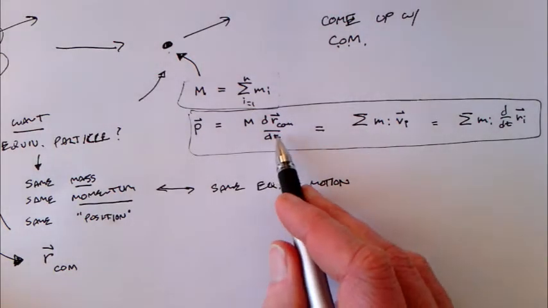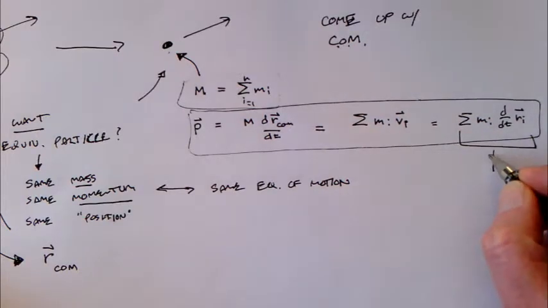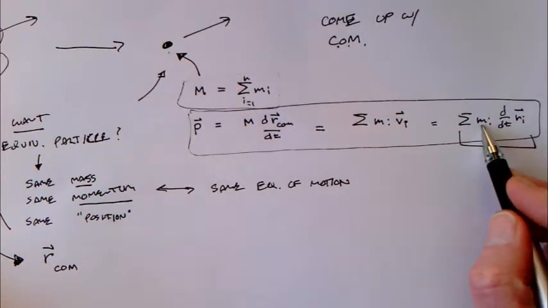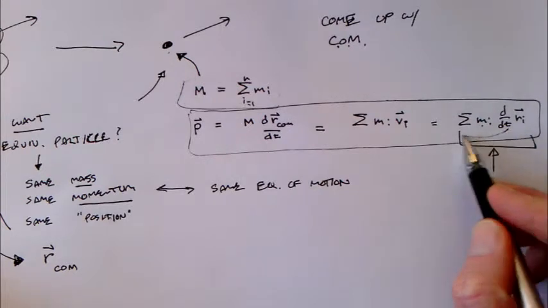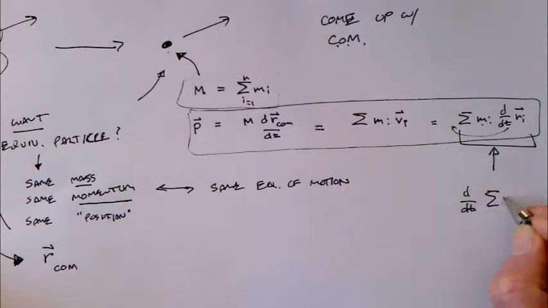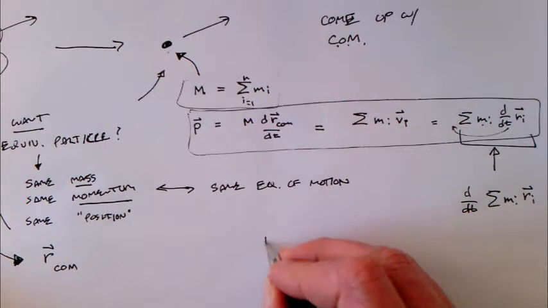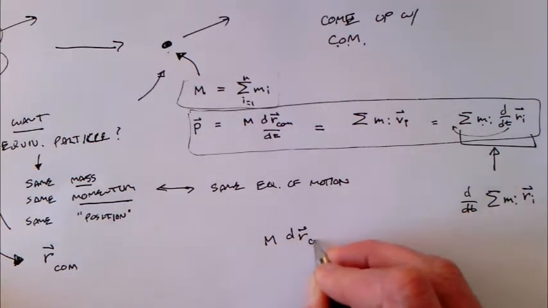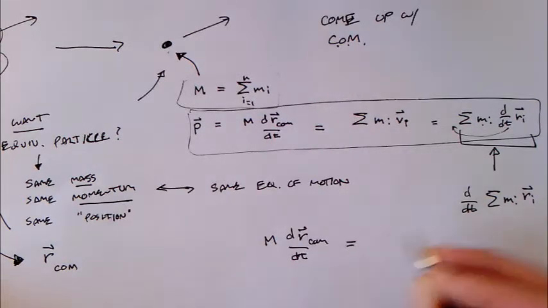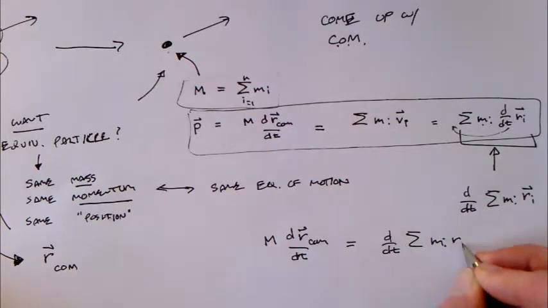Well, it's certainly possible to do that if we manipulate this a little bit. One of the ways that we can manipulate it is to look at this and say, well, m sub i doesn't depend on time, so I can take this time derivative and bring it outside of the summation. So I get d by dt of the summation of m sub i times r sub i. And then I can see that big M times d r_COM by dt is equal to d by dt of the summation of m sub i times r sub i.